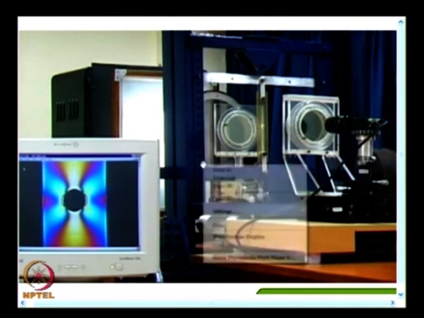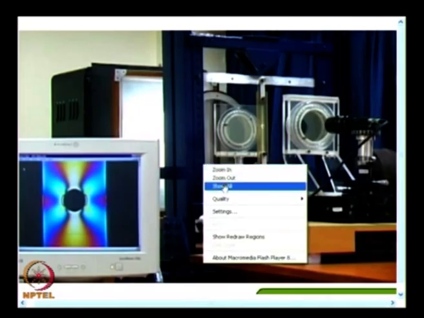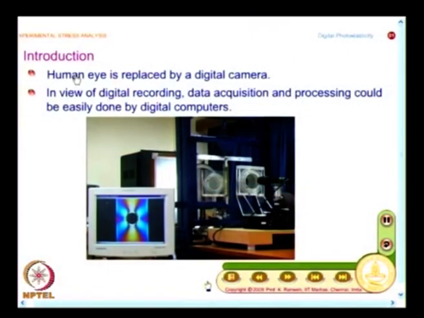So, what you see here is the human eye is replaced by a digital camera, and you do a digital recording, and data acquisition and processing could be easily done by digital computers, and you call this whole branch of photoelasticity as digital photoelasticity.